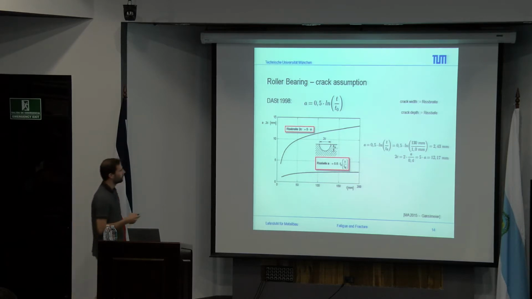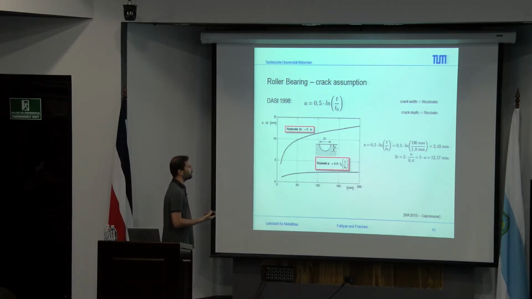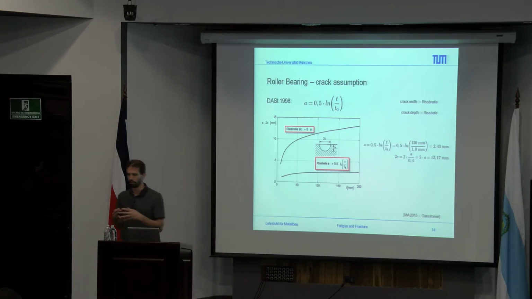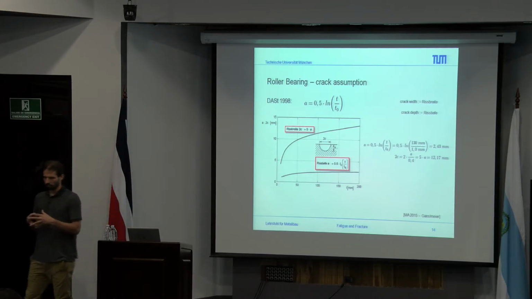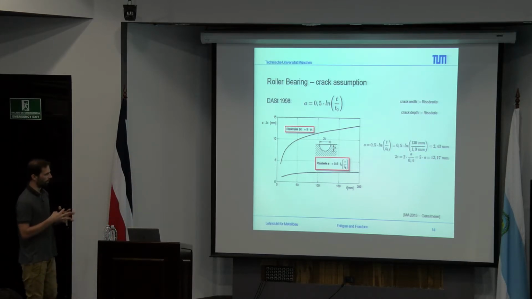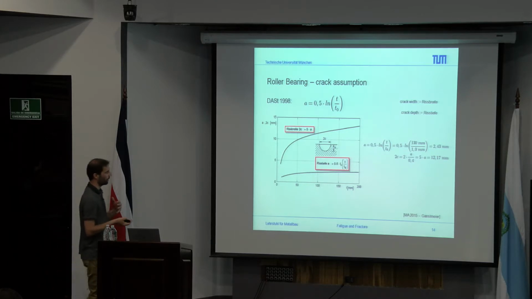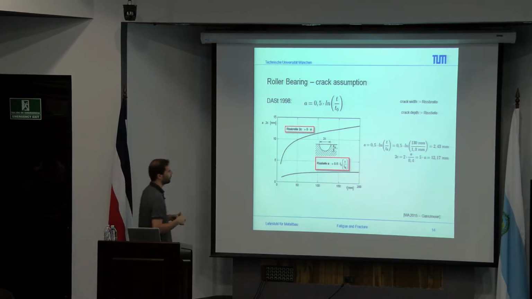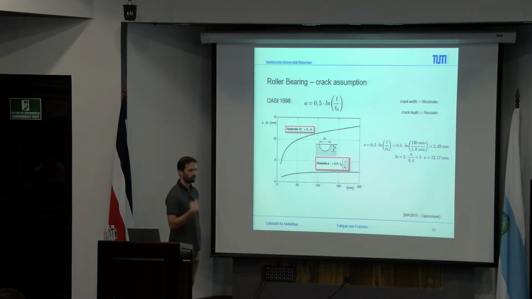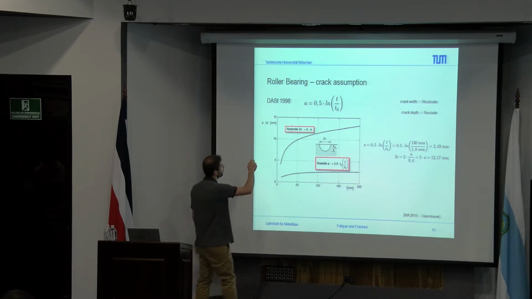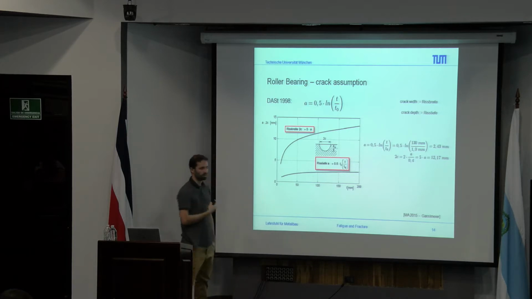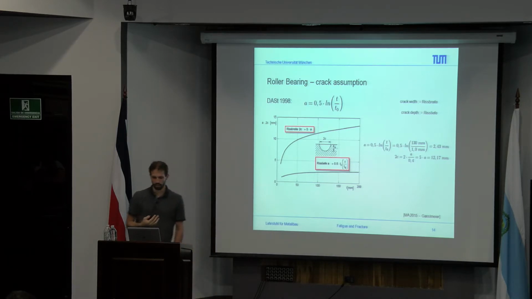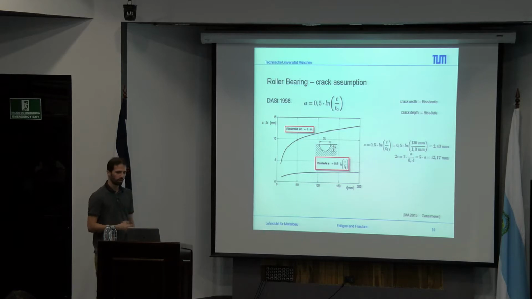Also, in the literature, you can often find basic information about the crack size which is due to manufacturing. For example, for drilling, or also other improvements on the material, you can find formulas, for example for the A here of 0.5 ln T over T0.